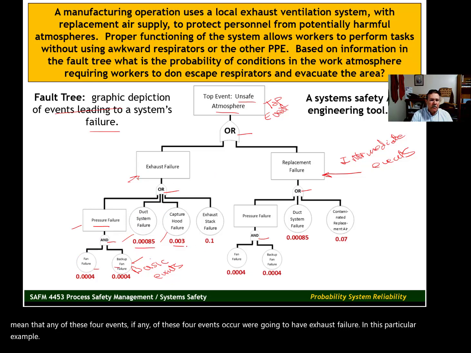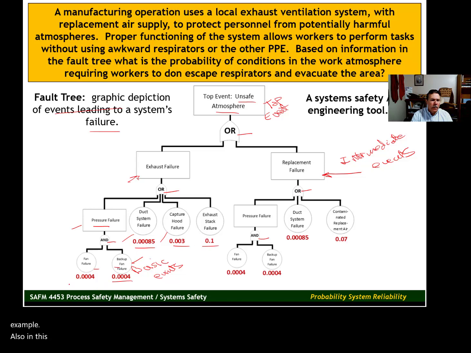Also, in this fault tree diagram, we have the probabilities available for the basic events. With the probabilities and the logic gates, that allows us to calculate the probability that the top event will occur.